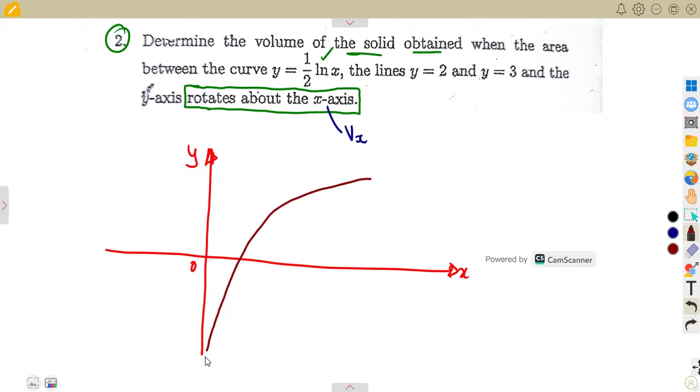So it wants to approach the y-axis, but it won't because the y-axis is the asymptote. So remember, for the logarithm to be 0, the argument must be 1. Logarithm of 1 is equal to 0. So this point is at 1. So if we check, it was going to be very difficult for us to use this function of a half ln of x if we had not been given the limits.